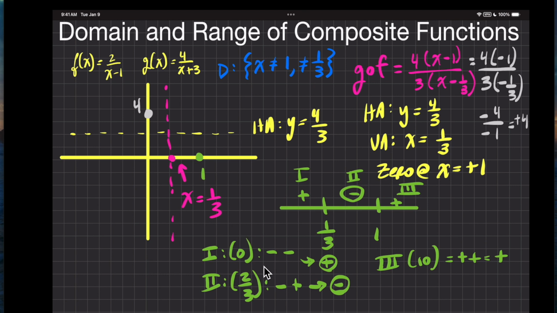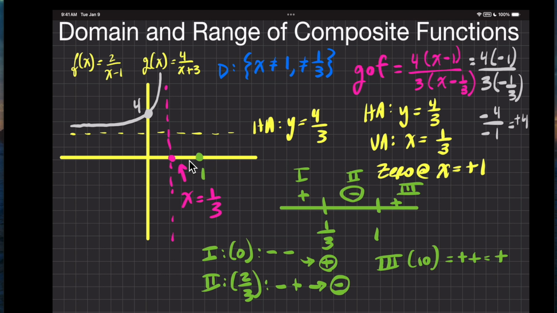Okay, so let's put all of this together. We find that when x is less than 1/3, our function has to be positive. It has to be above the x-axis. So we're going to use our horizontal asymptote and the vertical asymptote to have a graph like so. Then we come to zone 2, and we notice that zone 2 has to be negative.